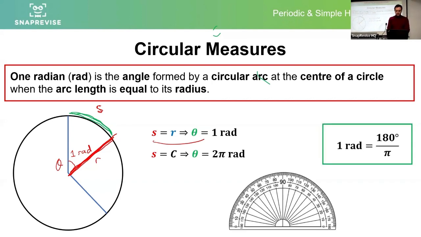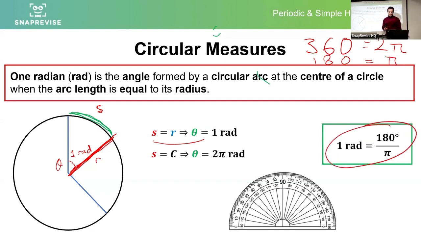If you do the maths, you'll find that you can fit 2π radians in 1 full rotation. So if 360 degrees fits in 1 full rotation and that equals 2π radians, that also means 180 degrees is equal to π radians. And so if you're converting between them, your conversion factor is 180 over π.